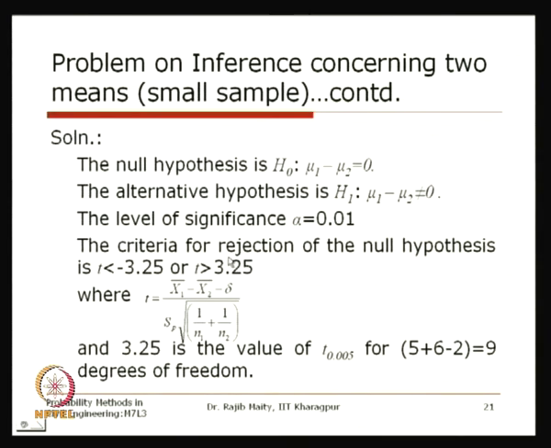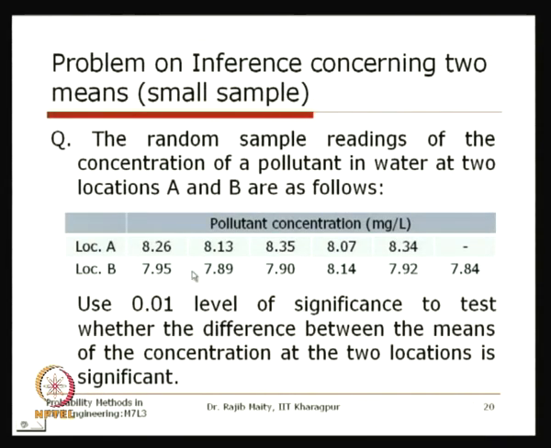The criterion for rejection of the null hypothesis is that t is less than minus 3.25 or t is greater than 3.25. These two values are the statistic values at the significance level 0.01 for the t distribution with degrees of freedom n1 plus n2 minus 2; here 5 plus 6 equals 11, minus 2, so 9.